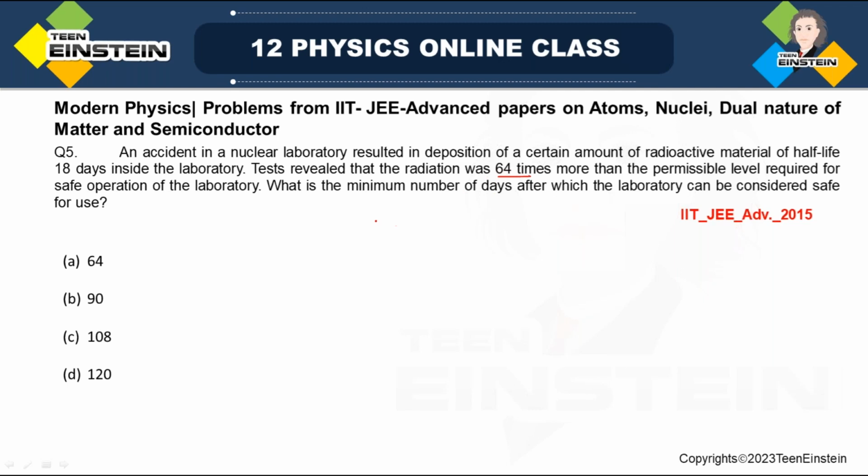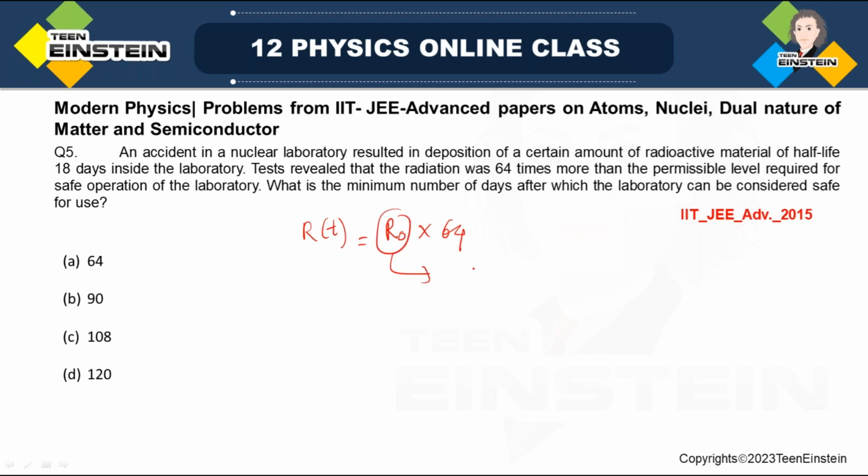So what does this mean? Radiation means the rate of decay of the nucleus, so we can write that as R. If R0 is the permissible value, then R of t at any time can be written as 64 times R0.